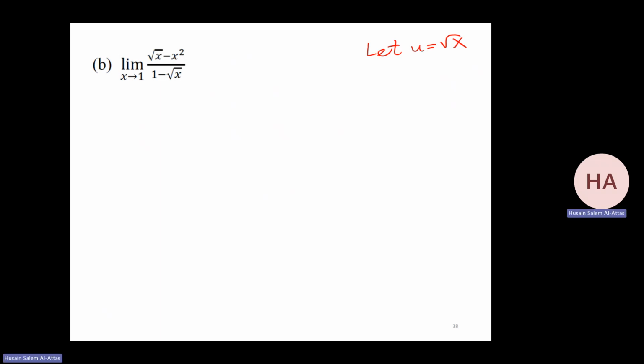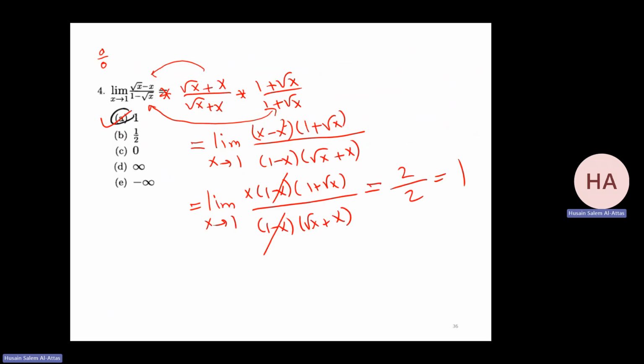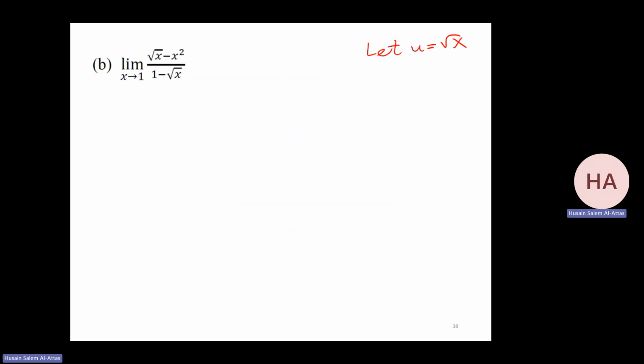By the way, you can use this trick, or you can rationalize. If you rationalize, you need to do it like before. Let me do it both ways. Let me do it by rationalizing, which is a little bit lengthy.